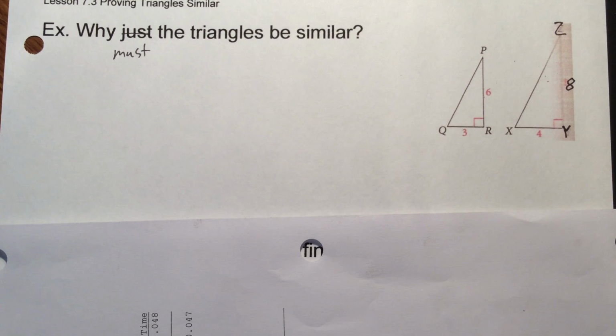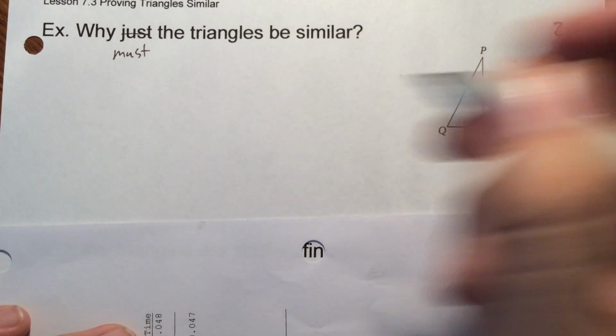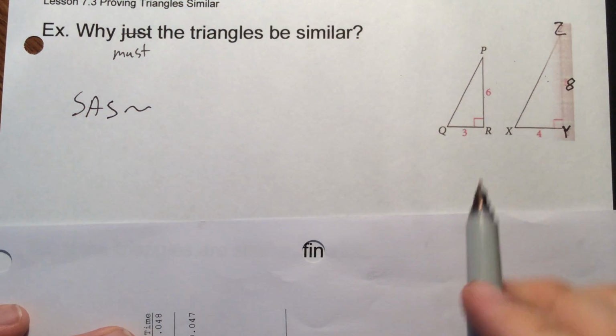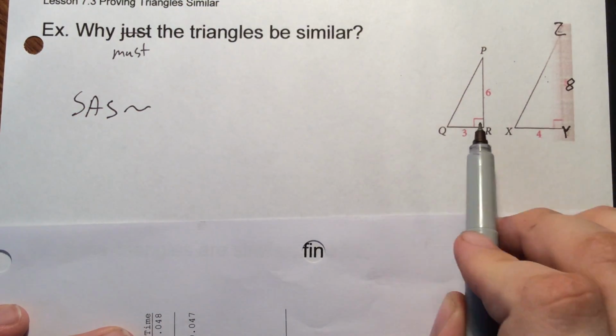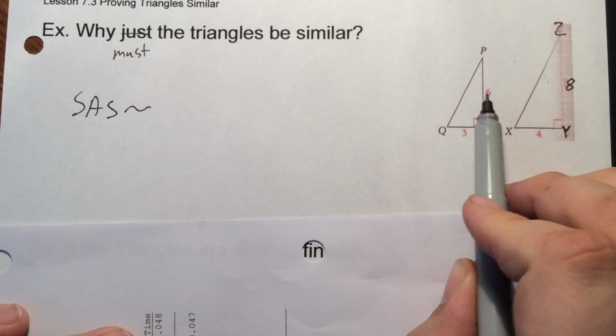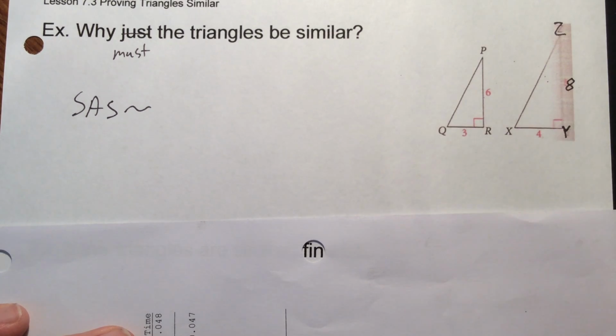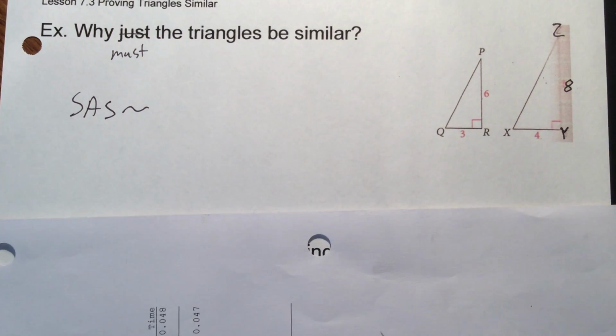But why must these be similar? Well, side, angle, side similarity, because we would have an angle that's congruent in between them. 3 to 4 and 6 to 8. Well, 6 to 8 we can reduce down to 3 and 4, so then they'd be proportional. So that's why you get your side-angle-side similarity.